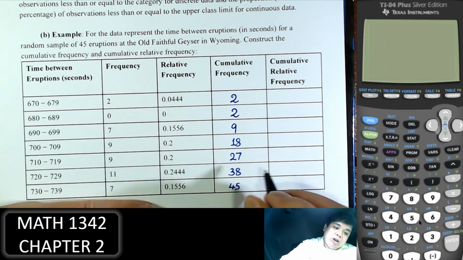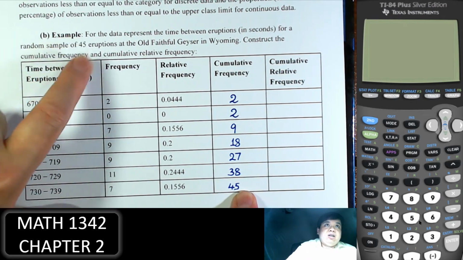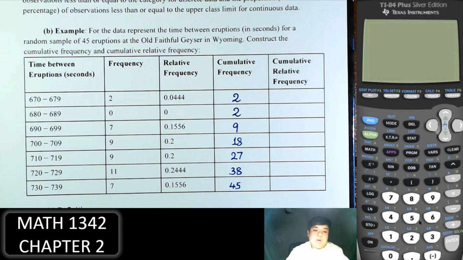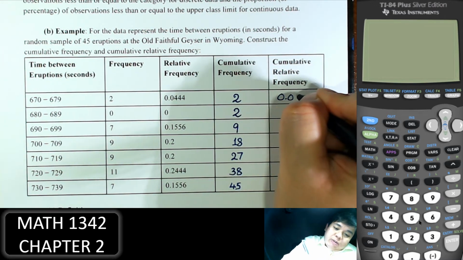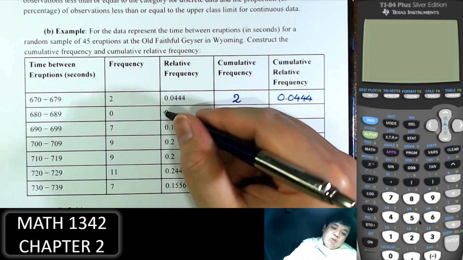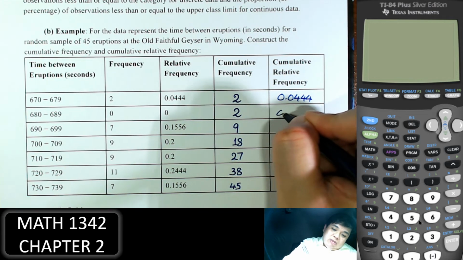Of course, the last one should be the same number as the total frequency. Once again, we just add everything up to that point. Same thing for the percentage: 0.0444, and then for the next one, add 0 to it, still the same number.